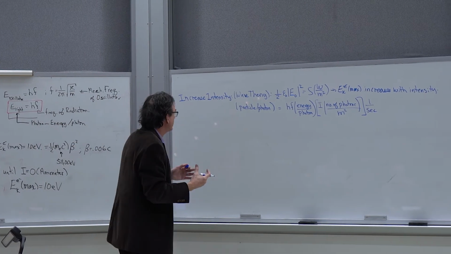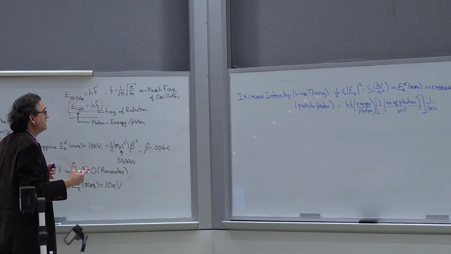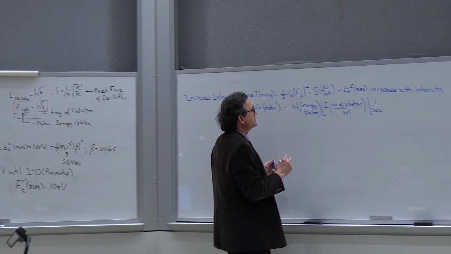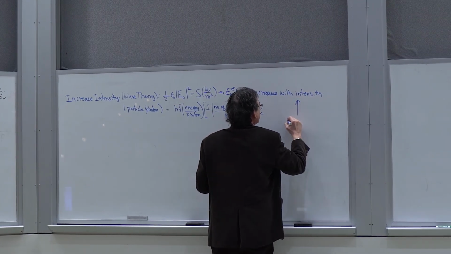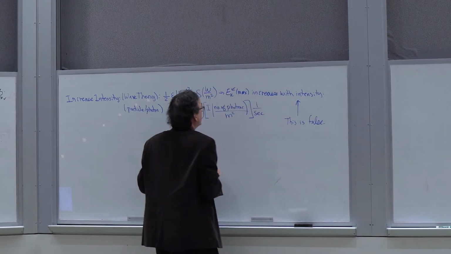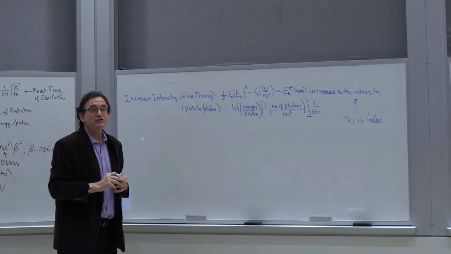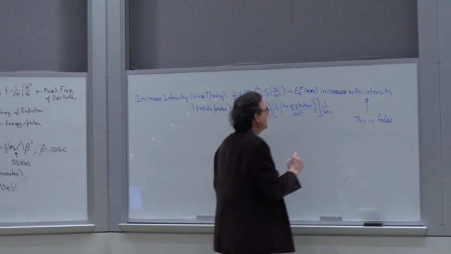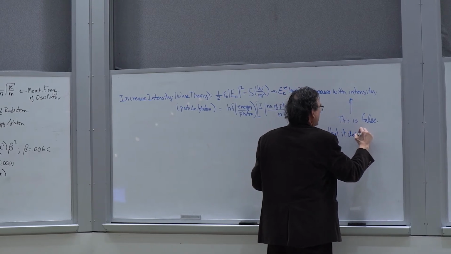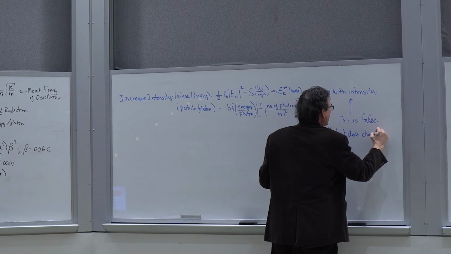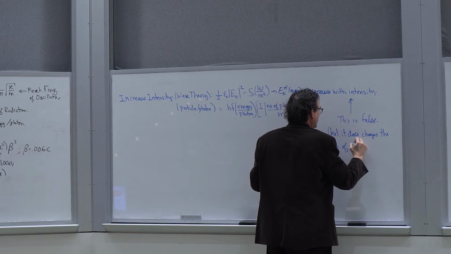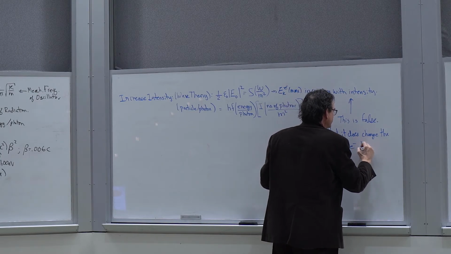What we know experimentally is that increasing the intensity, this is proved to be wrong. So what we say right here is this is not true. This is false, right? Increasing the intensity does not change the maximum energy, but it does change the number of electrons leaving the surface.